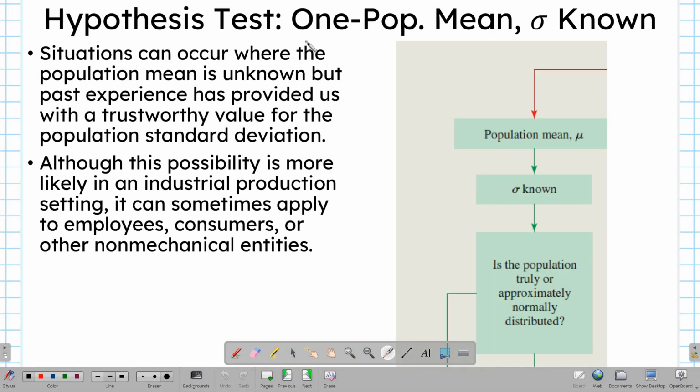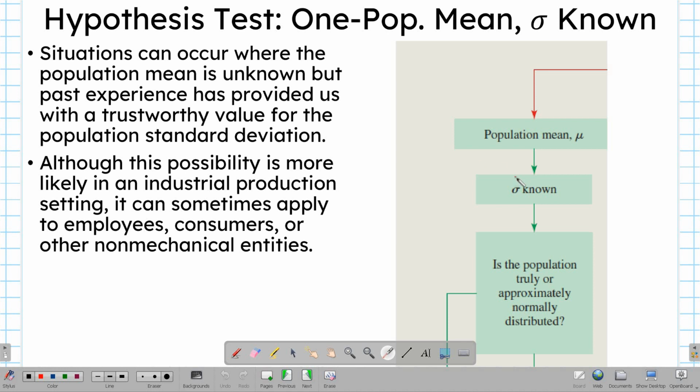If you want to know the population mean, and even though you don't know it, you have a value for the population standard deviation, which is usually possible in an industrial setting, then we can do this one population test for mean with known sigma, which is known as the one population z-test.